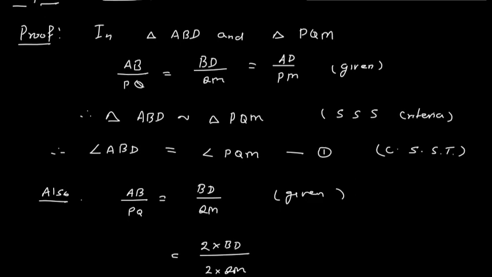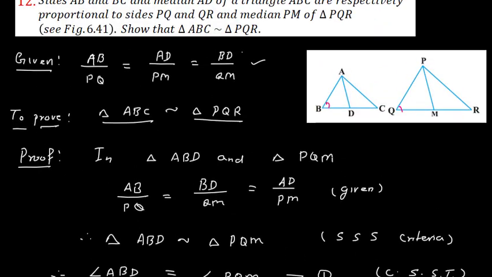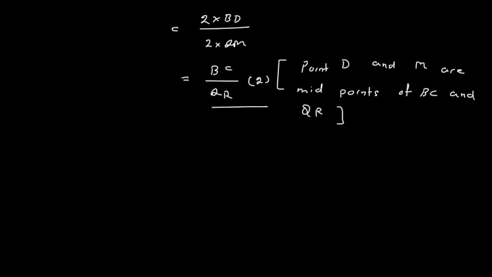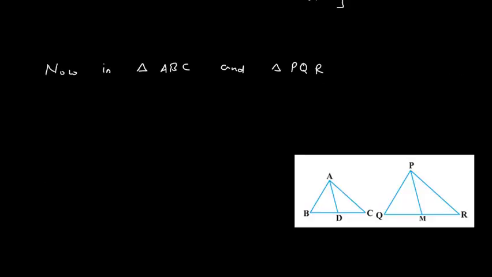Now I will take triangle ABC and triangle PQR. In triangle ABC and triangle PQR, we will say that AB upon PQ is equal to BC upon QR. This I will write from 2.